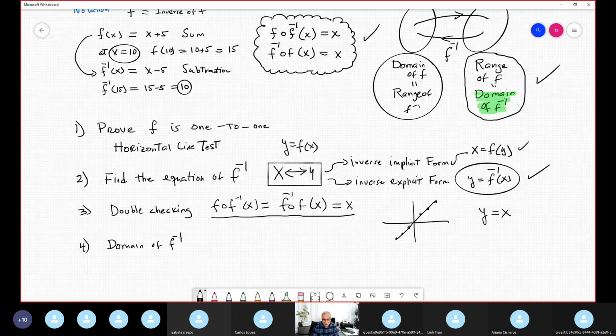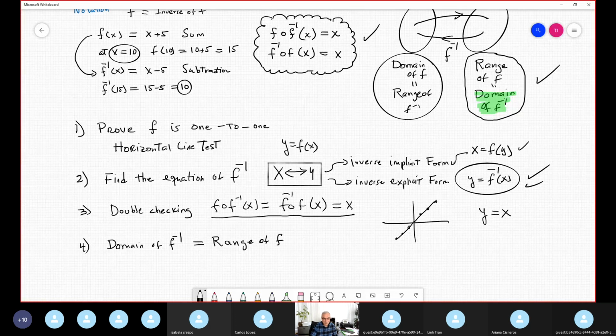Okay, actually, we can do that because we have the expression, no? This expression is equal to the range of the original function. Okay, maybe it's complicated to investigate this.